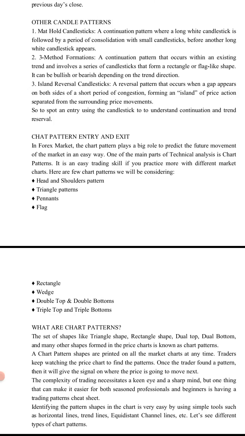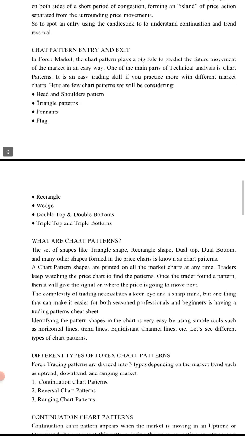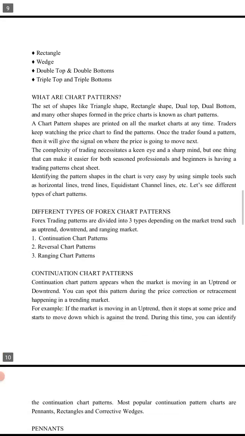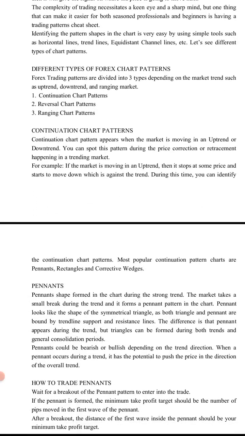These are patterns that the market follows in order to give us a prediction of what is happening. So once you see such patterns, you know this one is a reversal pattern, this one is a continuation pattern, etc. Now let's move on.